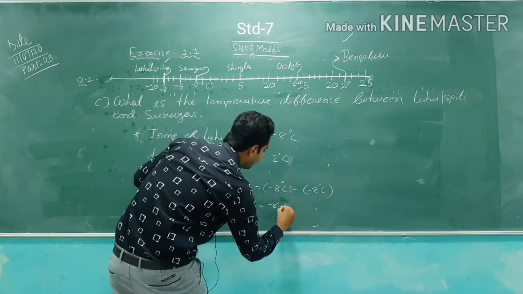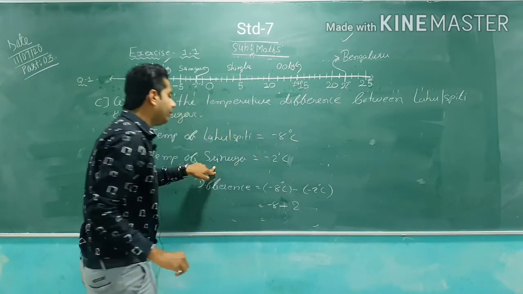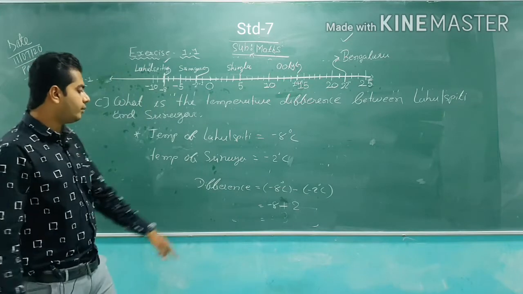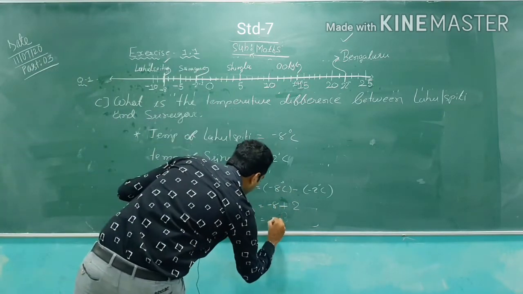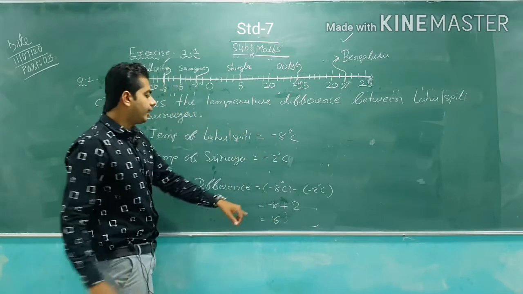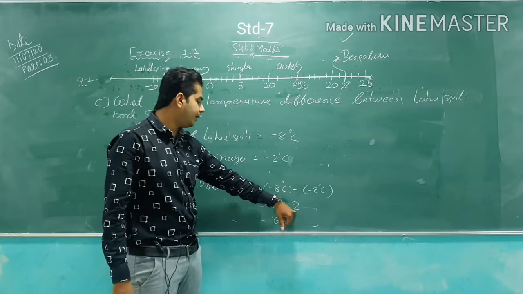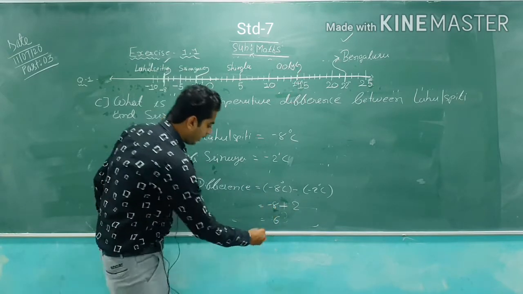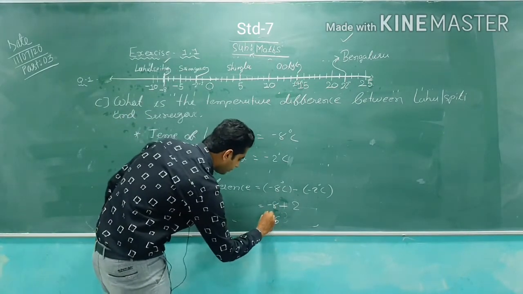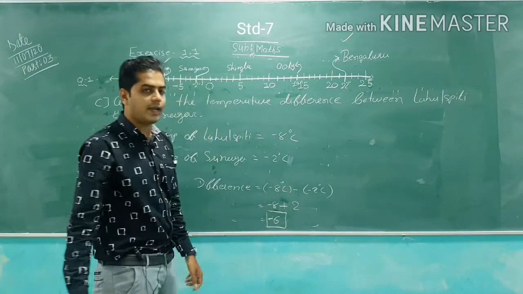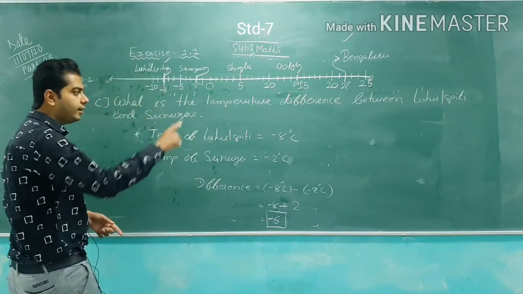Now open the bracket, minus minus becomes plus, so 2. So minus 8 plus 2. What is minus 8 plus 2? Which is 6. But here again we have to follow the rules. 6, but what is the bigger digit? The bigger digit is 8. So we have to put the sign of 8. Why? Because we are doing subtraction or addition. In addition or subtraction you have to put the sign, and in multiplication you have to do the multiplication and then put the sign.